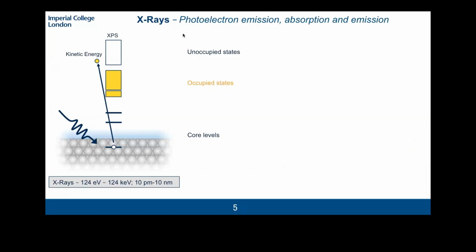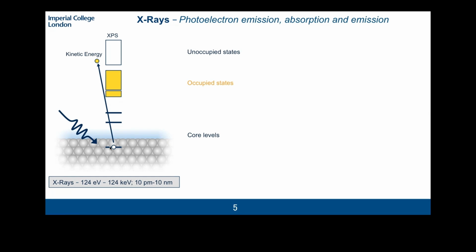So first, what I'm going to start with is X-ray spectroscopies. So X-rays are really quite energetic. The energy range, broadly speaking, is somewhere between hundreds of eV to hundreds of keV. And because X-rays are quite energetic, they can excite core electrons in a given material.